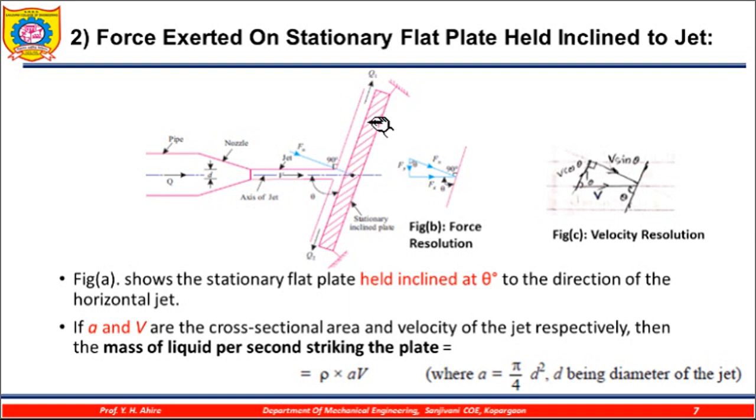The jet rather flows along the tangential direction to the plate. There is no component of jet velocity in a normal direction to the plate. So that's why V2n is written as 0, right?